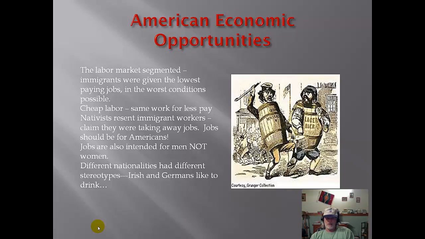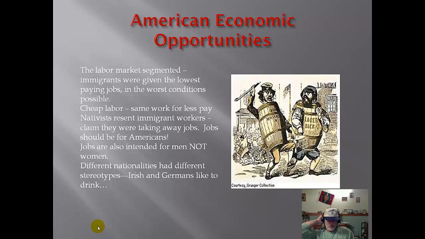It's kind of ironic, though, that unless you were Native American, everybody was an immigrant at this time. They also believed that jobs were intended for men, not for women. As women and children started entering the workforce as industrialization took place, more and more people were needed to work in the factories.